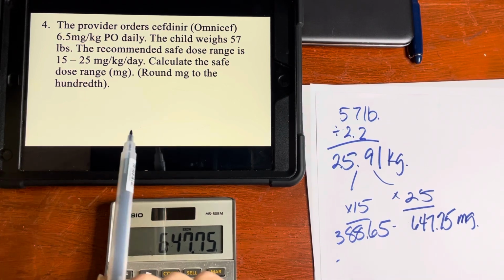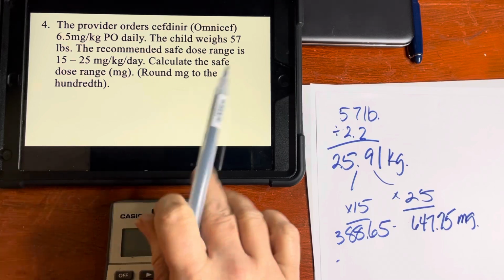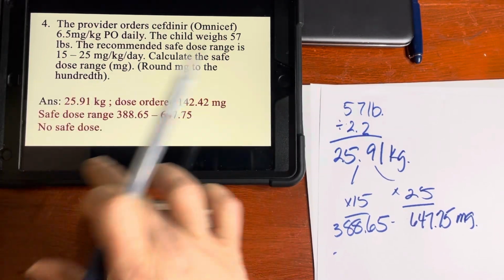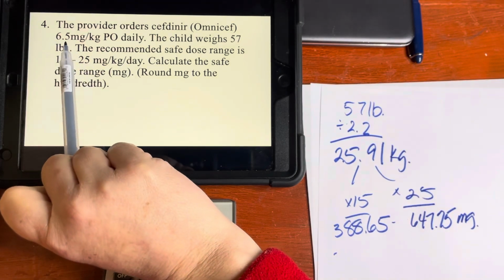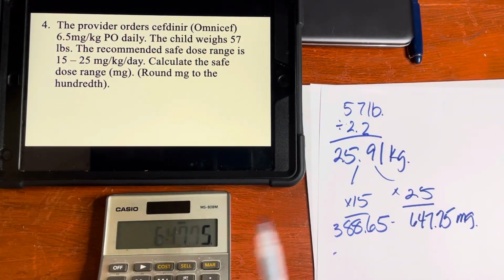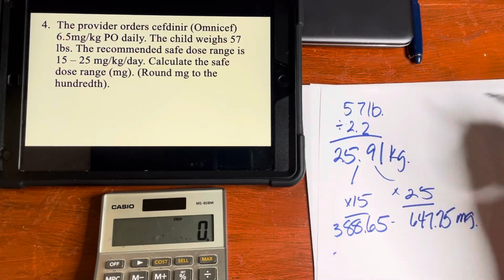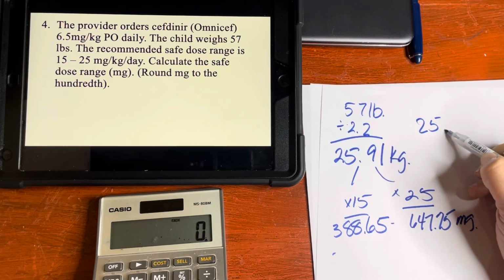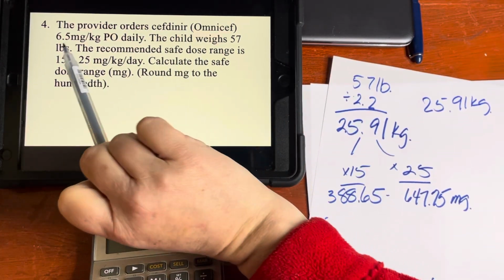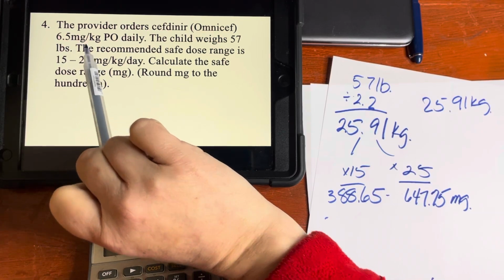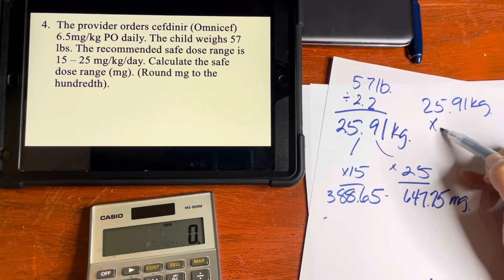And then we have to, do they want us to calculate? I calculated it anyway. To find out what Mr. Maine wants, we got to take our 25.91 kilograms times his 6.5 milligrams per kilogram.